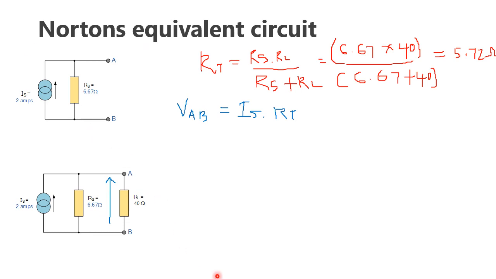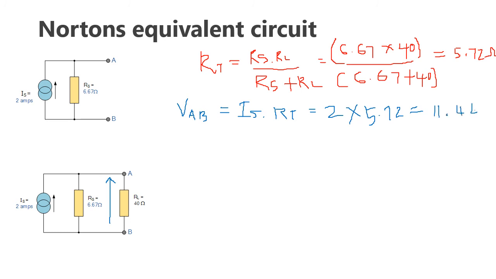So if we substitute the values, IS is 2 ampere and RT is 5.72 ohm, that will be equal to 11.44 volts.